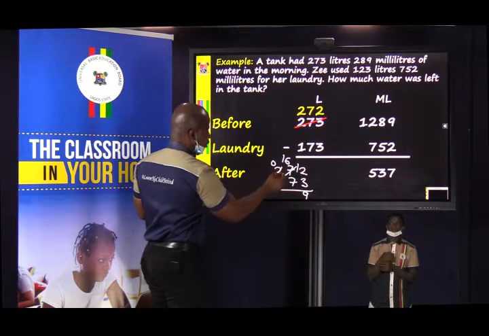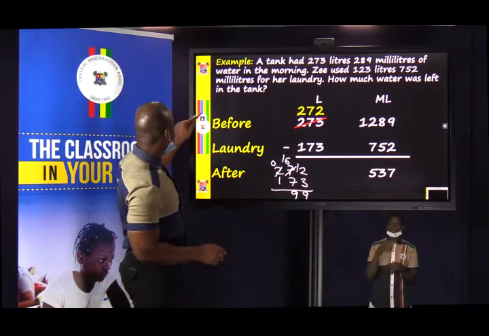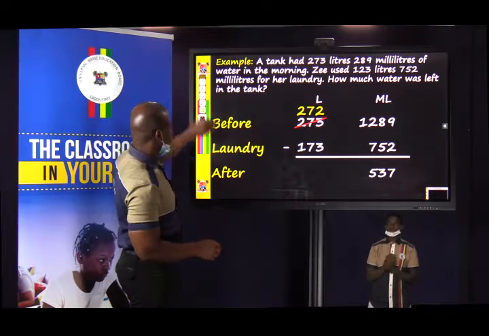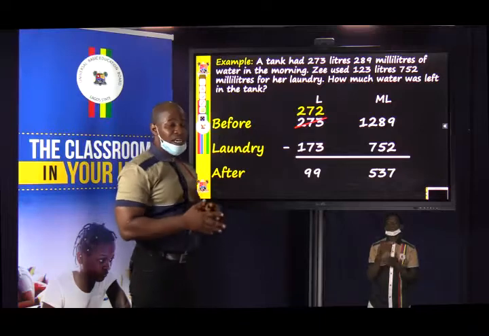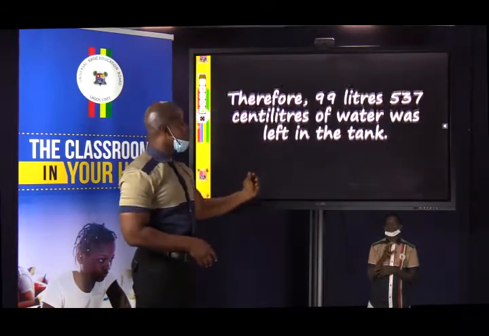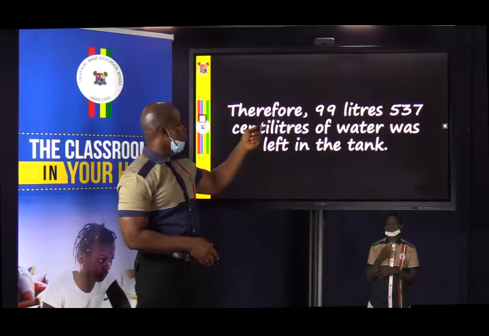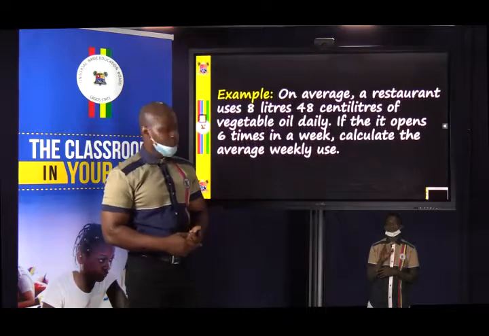Borrow 1 from here, 16 minus 7 is also 9. And that means we're going to be getting 99. So that's 99 liters. So the amount of water left in the tank is 99 liters, 537 milliliters.